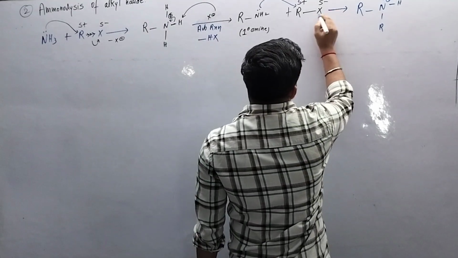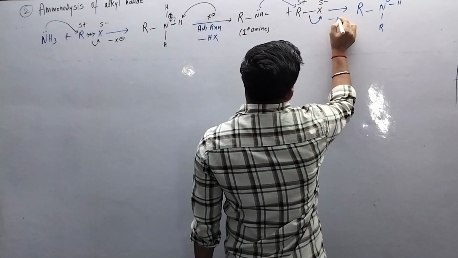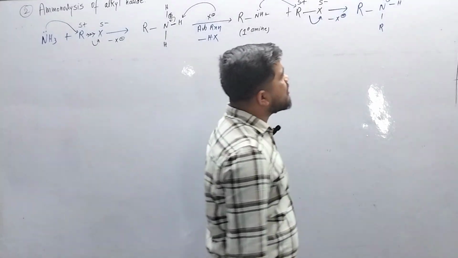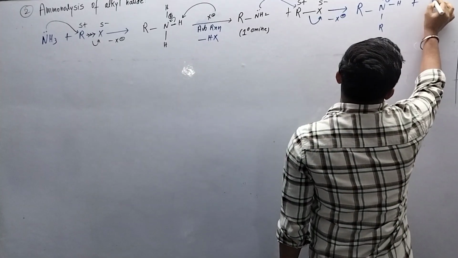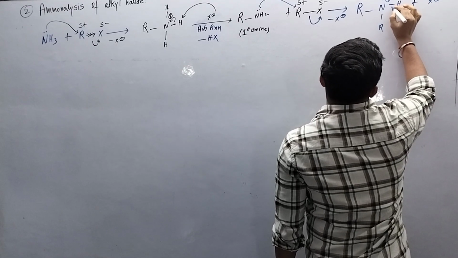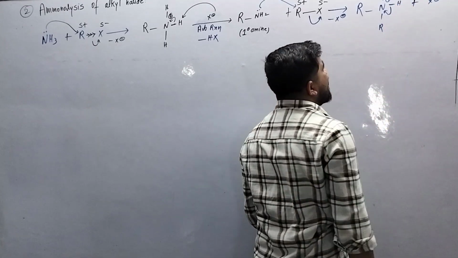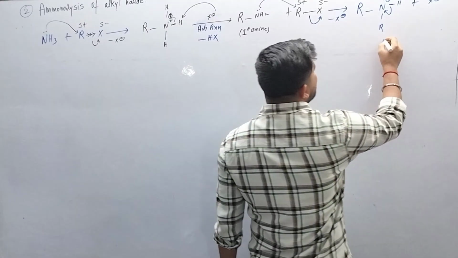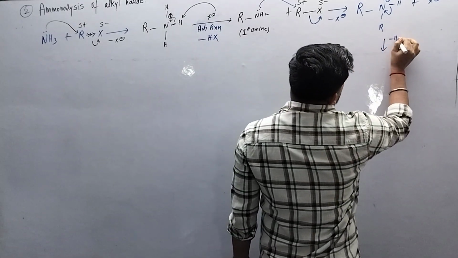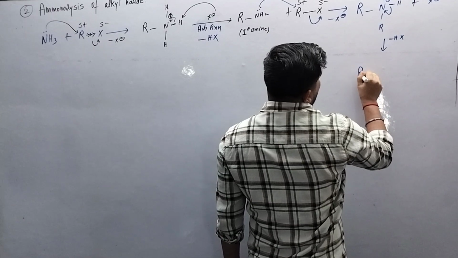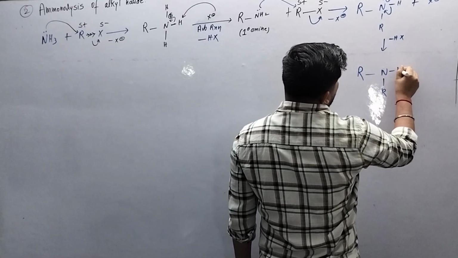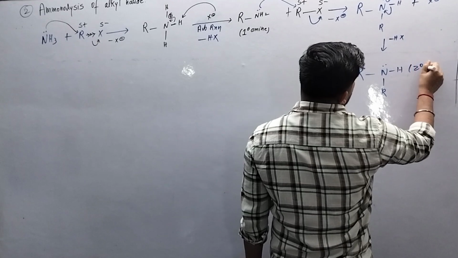As the reaction is SN2, the leaving group departs with a shared electron pair. In the next step, X minus donates 2 electrons, and the shared pair of electrons goes to the nitrogen, and first HX will be eliminated, and the product will be R, N, R, H. That means the product is a 2 degree amine.